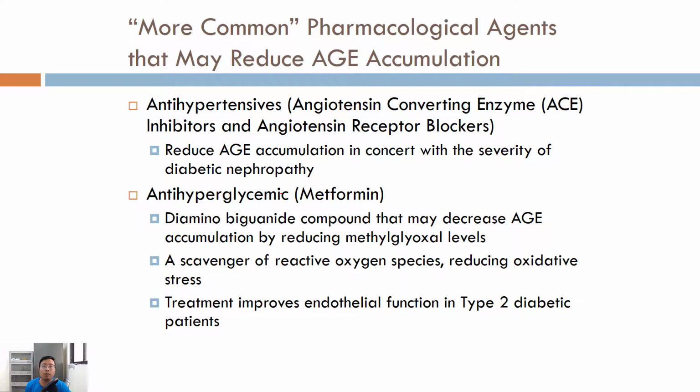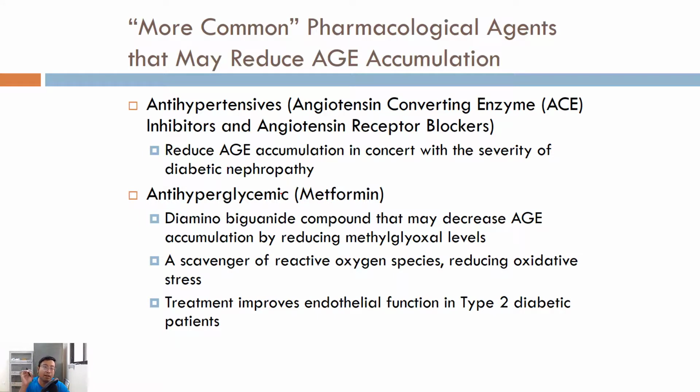Anyway, moving on. So these were the drugs that are not commonly used, I mean aminoguanidine and ALT-711. These are experimental molecules. But what is most commonly used in every diabetic patient who has renal complication are antihypertensives, that is angiotensin converting enzyme inhibitors and angiotensin receptor blockers, ACEs and ARBs.